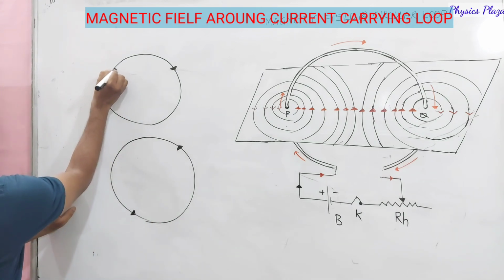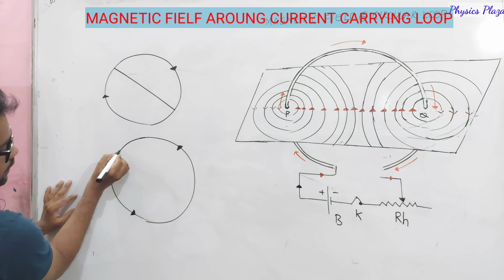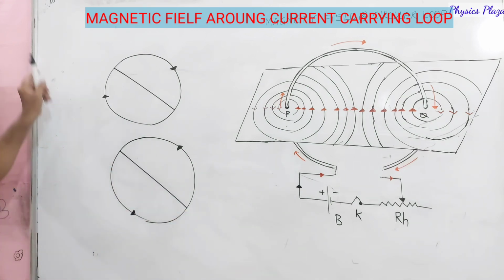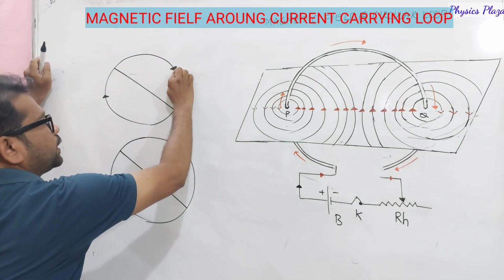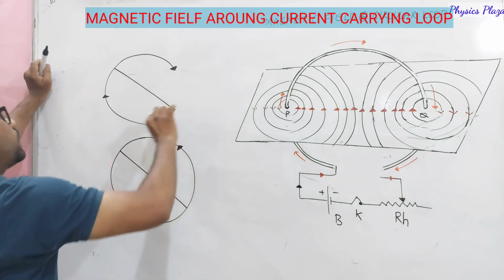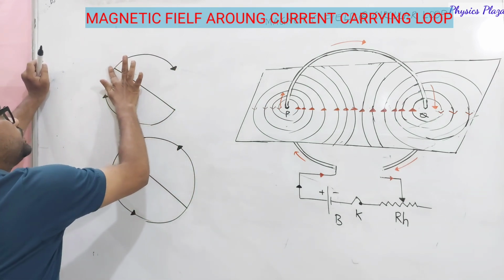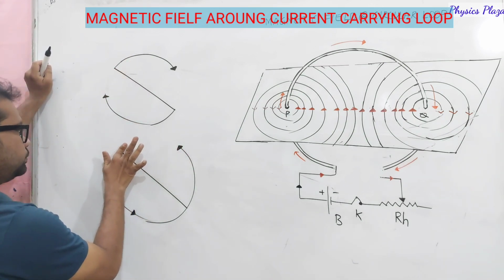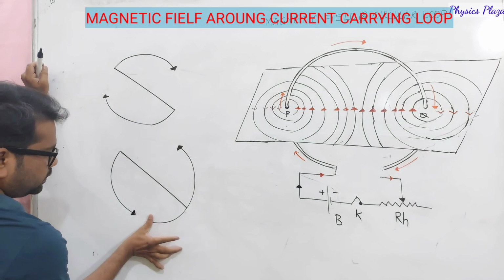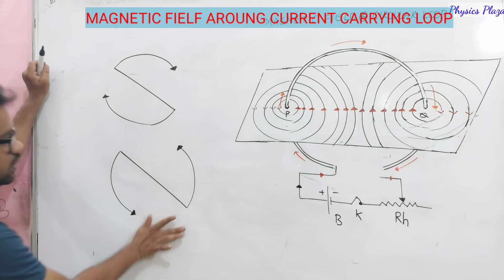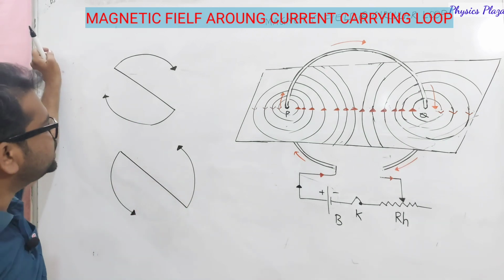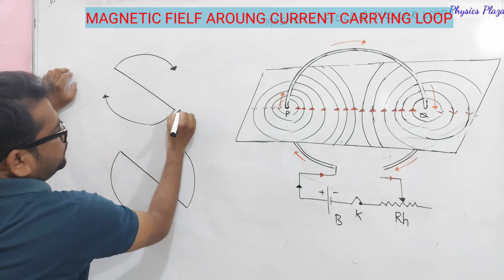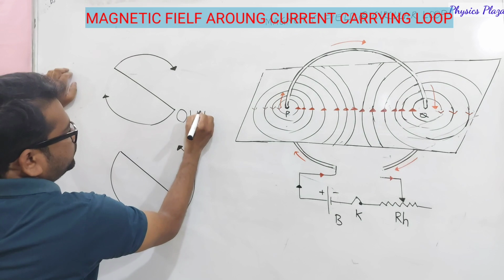Now look here. Can you see any letters? Obviously, here S. S represents south.